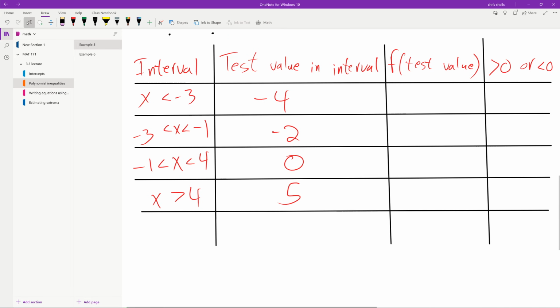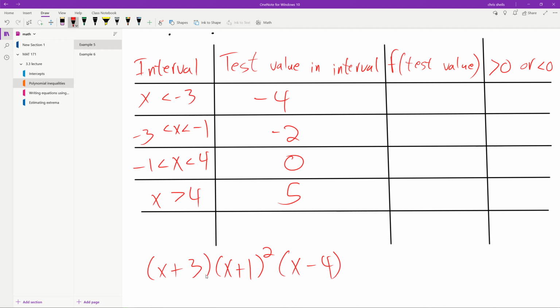Remember that our function is (x plus 3) times (x plus 1) squared times (x minus 4). This is the polynomial that we're looking at.